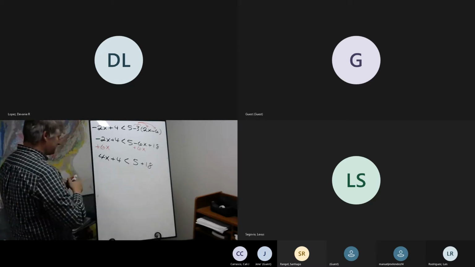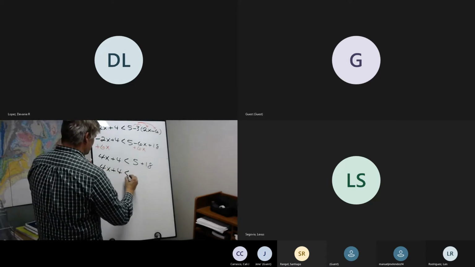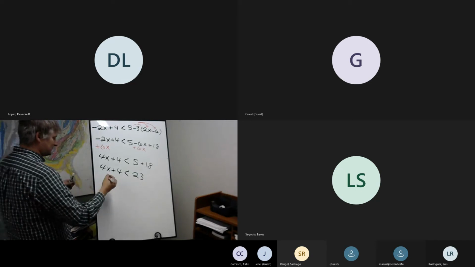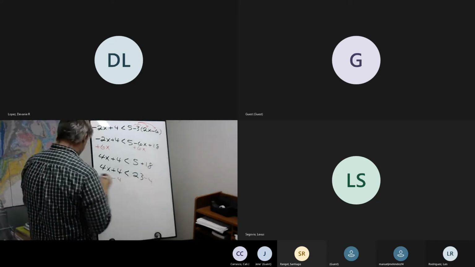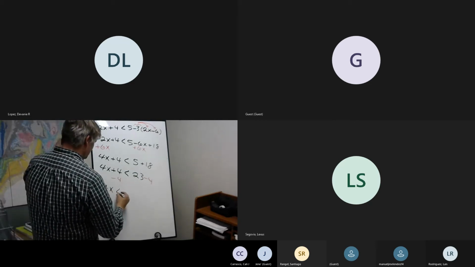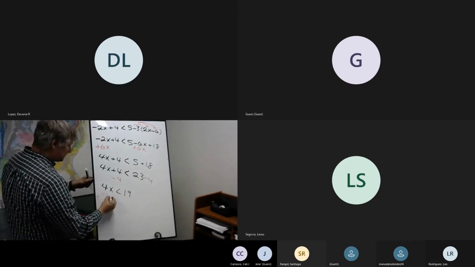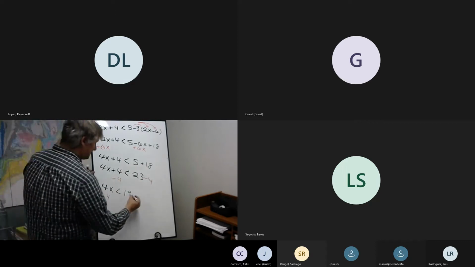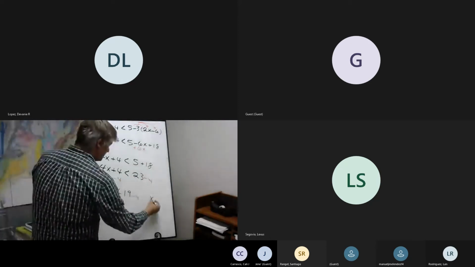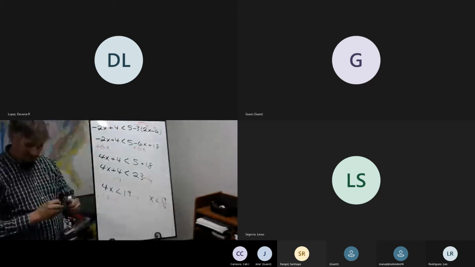Now these we can combine. Since we're dividing by a positive 4, there's no flipping around. And so x is less than 19/4.